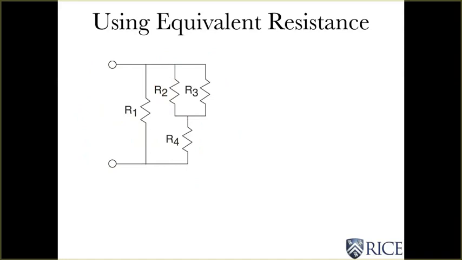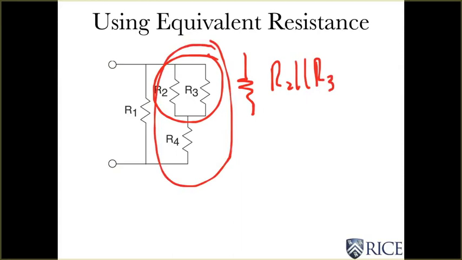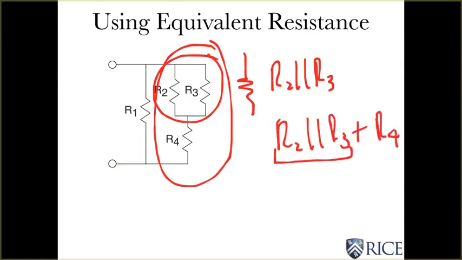So let's start with the parallel combination here. That looks like a single resistor whose value is R2 parallel R3. This set now looks like a single resistor whose value is R2 parallel R3 plus R4, because this parallel combination is in series with that.